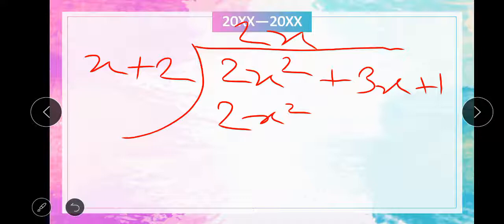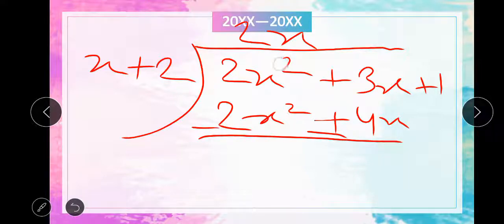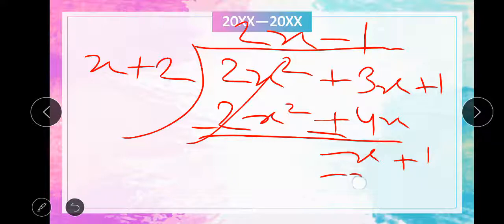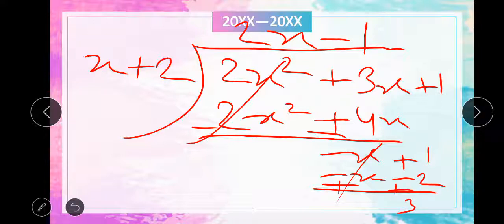Now on multiplying plus 2 with 2x we get 4x. Changing the signs, 2x square is cancelled by 2x square. Now we have minus x plus 1. Now here, multiplying x plus 2 with minus 1, we get minus x minus 2. Changing the sign, it is cancelled and there is a remainder 3.